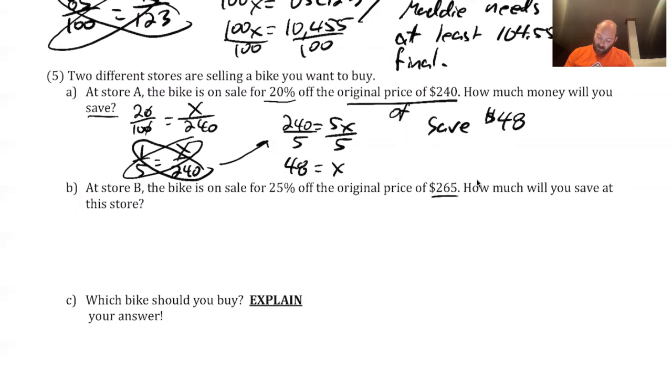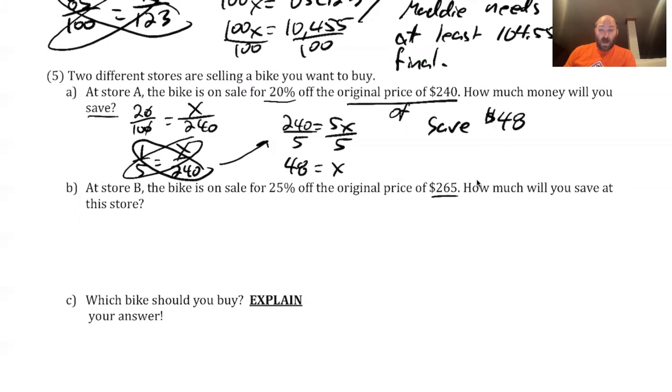So that 4X is equal to 265. Okay, so 265 now divided by 4. X is equal to 66.25. Okay, and so in store B, you would save $66.25.